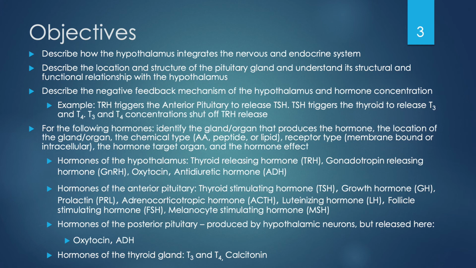hormone, and melanocyte-stimulating hormone. The hormones of the posterior pituitary, which is the neurohypophysis, these are produced actually by hypothalamic neurons, but they're released by the posterior pituitary, which includes oxytocin and ADH. And then also the hormones of the thyroid gland, so T3 and T4 and calcitonin.